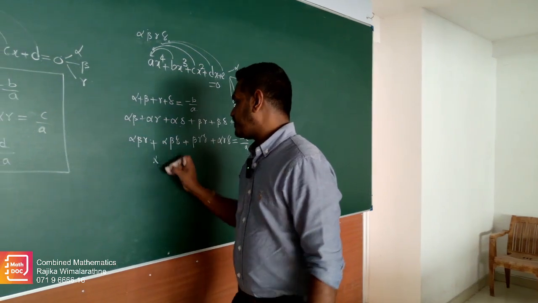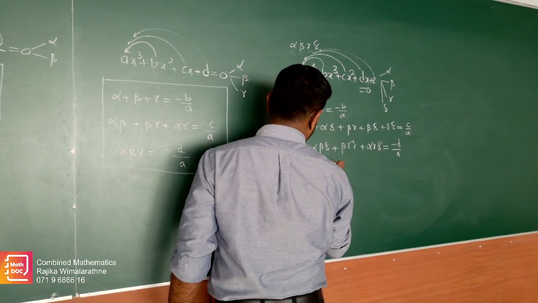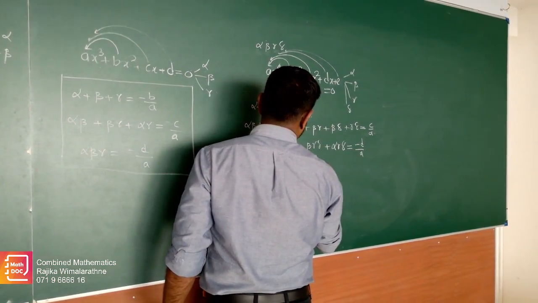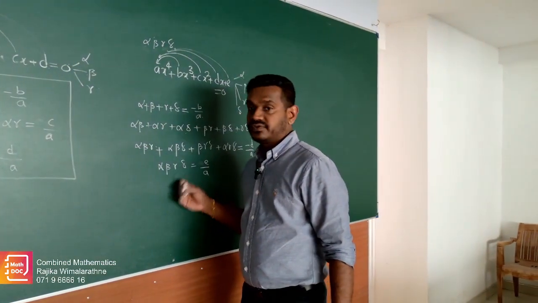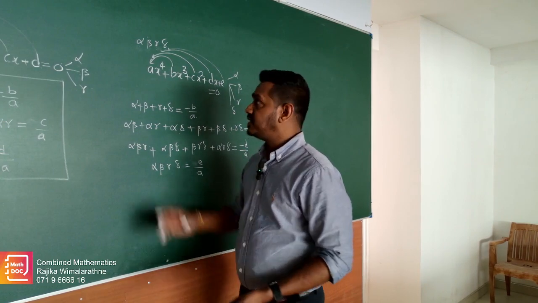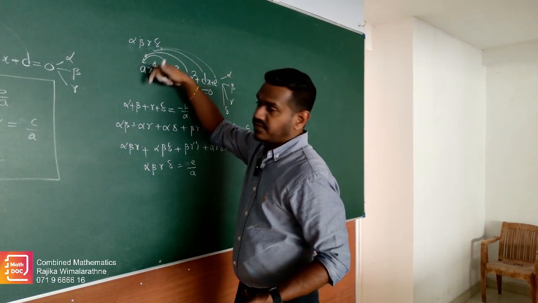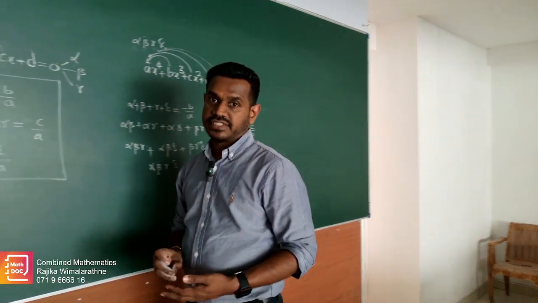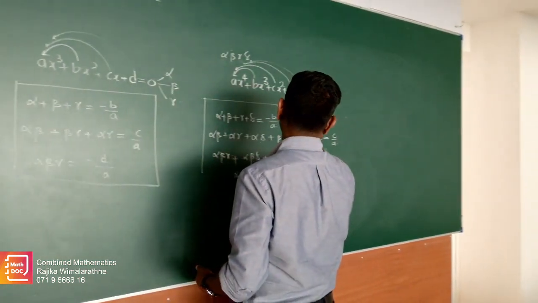This is the relation between roots and coefficients of a biquadratic equation: minus b over a, c over a, minus d over a, plus e over a.